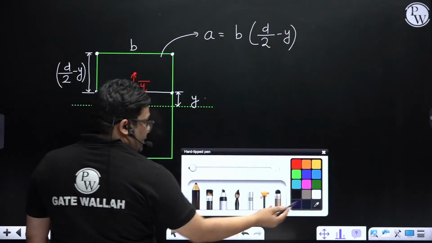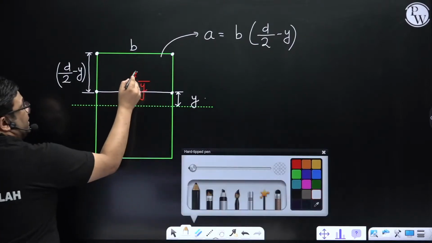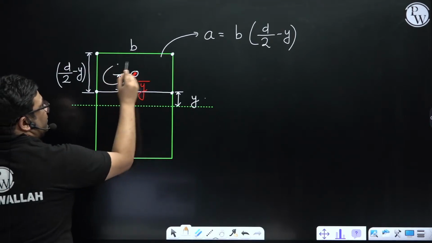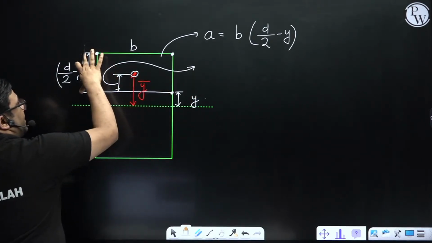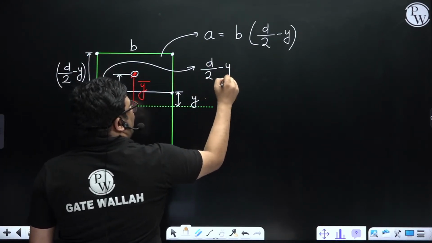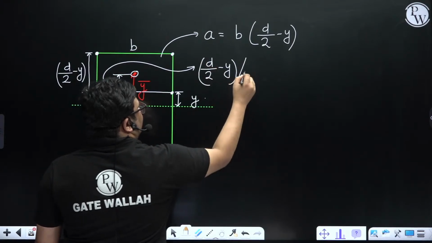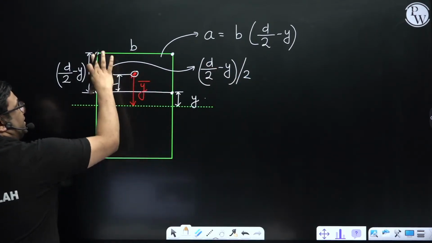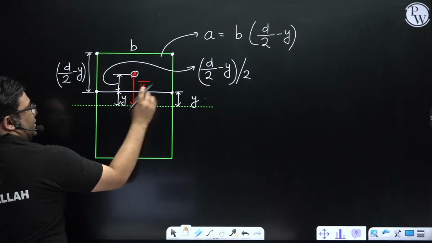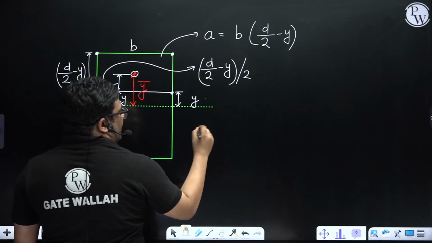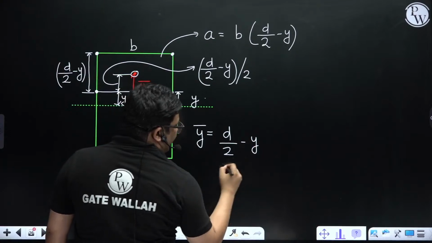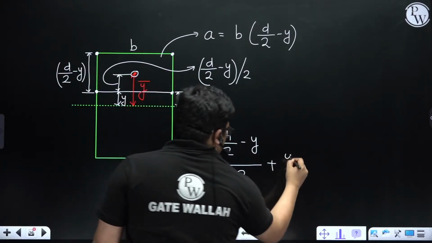Very easy. This is the centroid, which means this distance will be d by 2 minus y divided by 2, and this is y. So y bar will be equal to d by 2 minus y divided by 2 plus y.